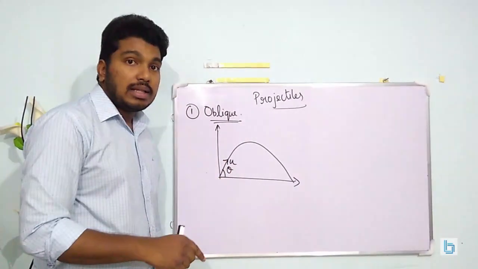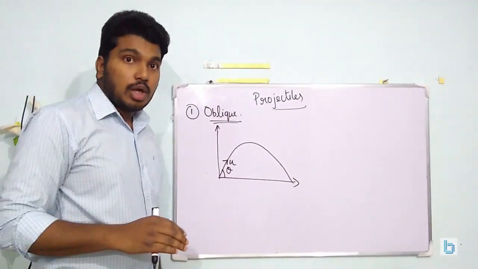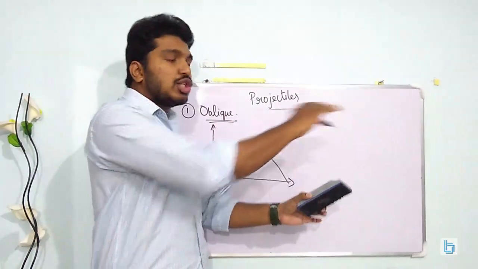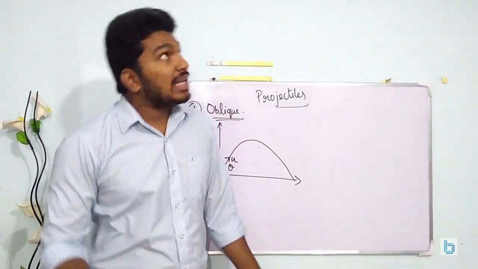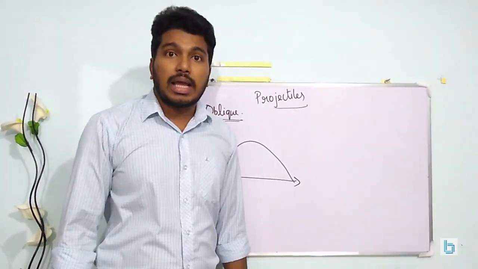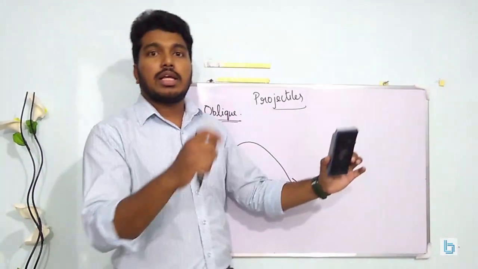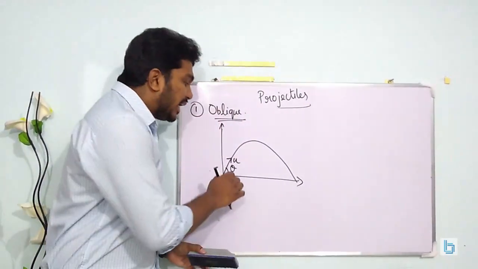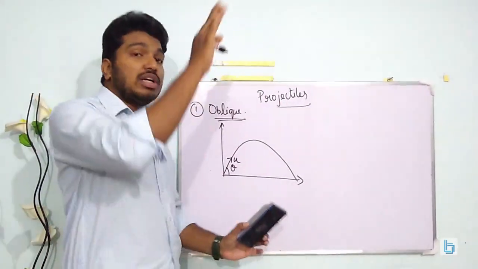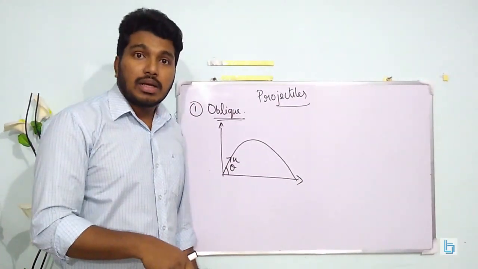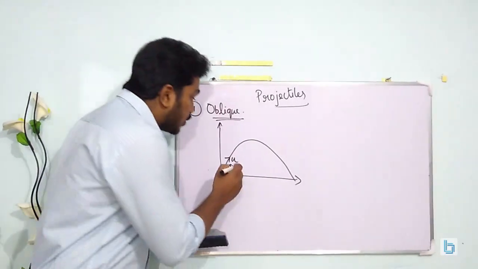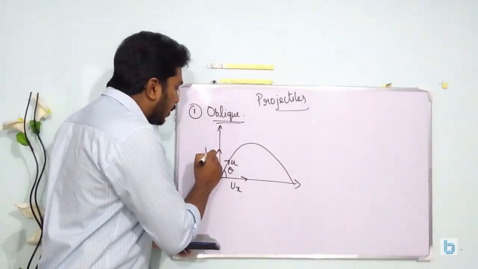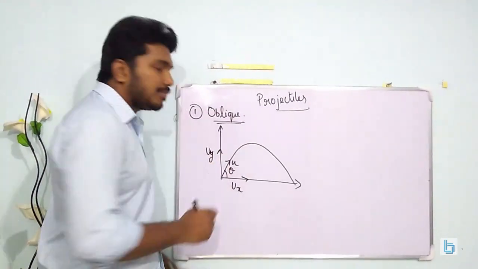This u we actually resolve. When an object is projected at an angle, we are giving it a horizontal force and a vertical force, which means the object has a horizontal component of velocity and a vertical component of velocity.